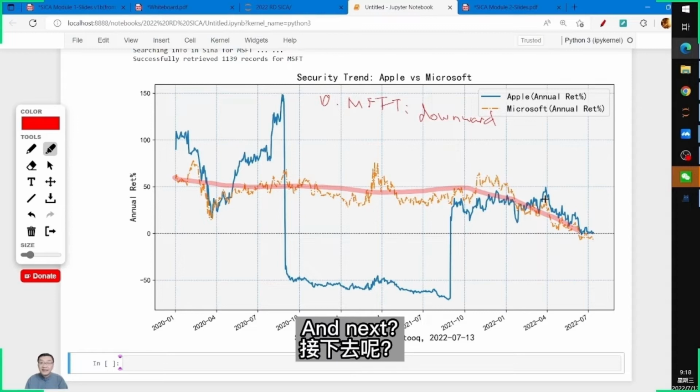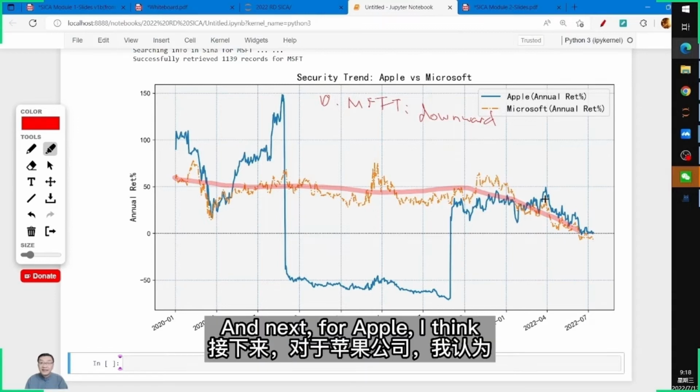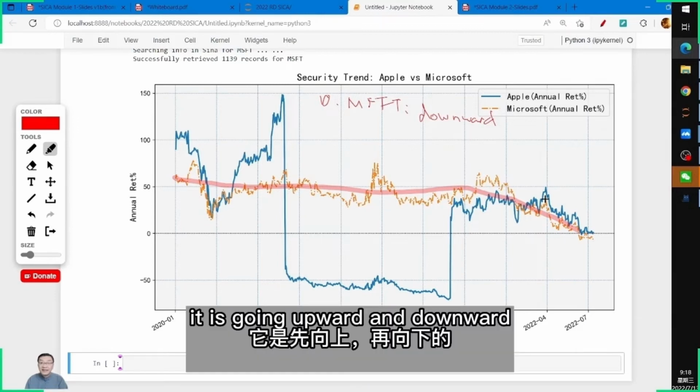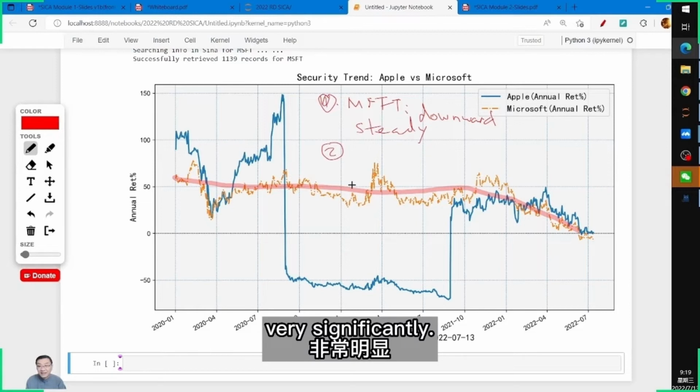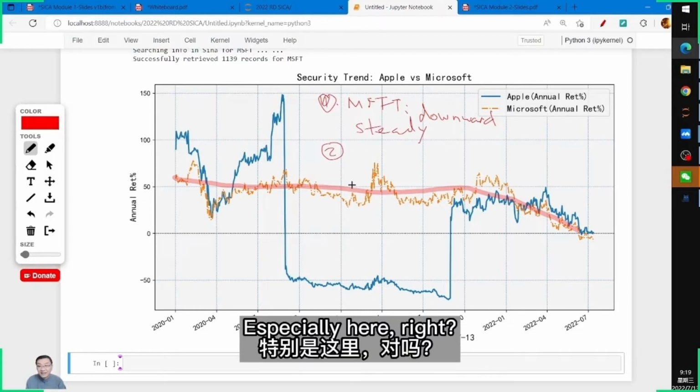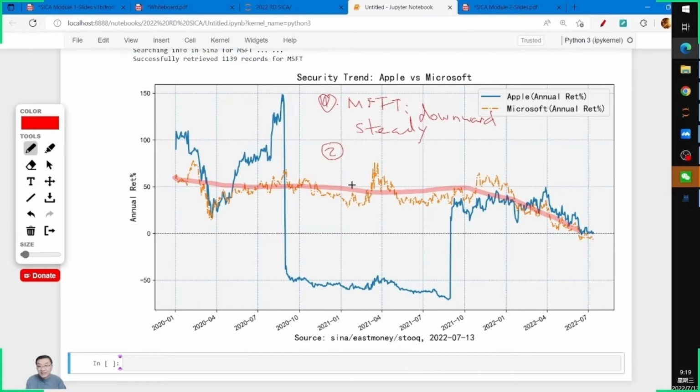And next, for Apple, I think it is going upward and downward very significantly, especially here, and here.